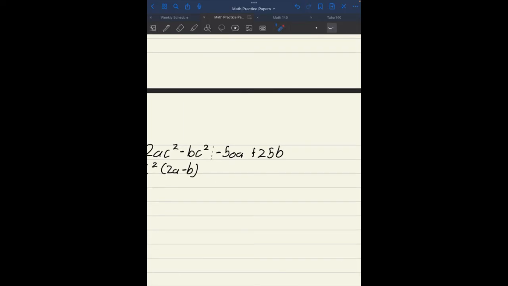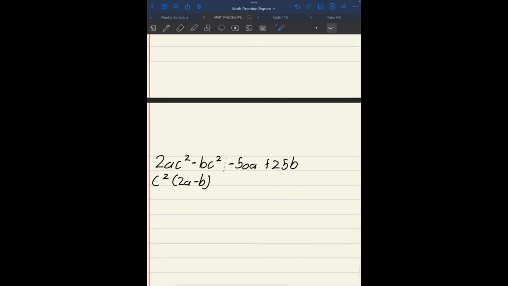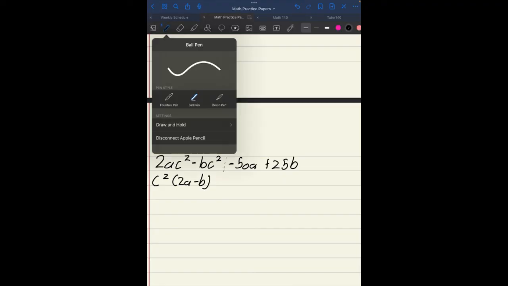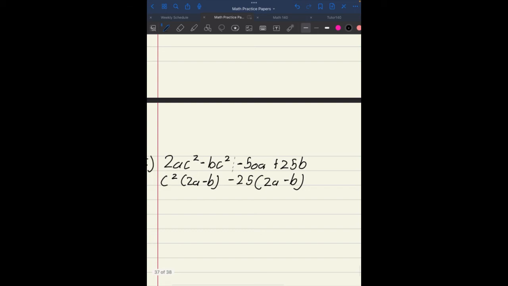What's common in these is 25. So we're going to factor out negative 25, and we're left with 2a minus b. So we have 2a minus b and c squared minus 25.